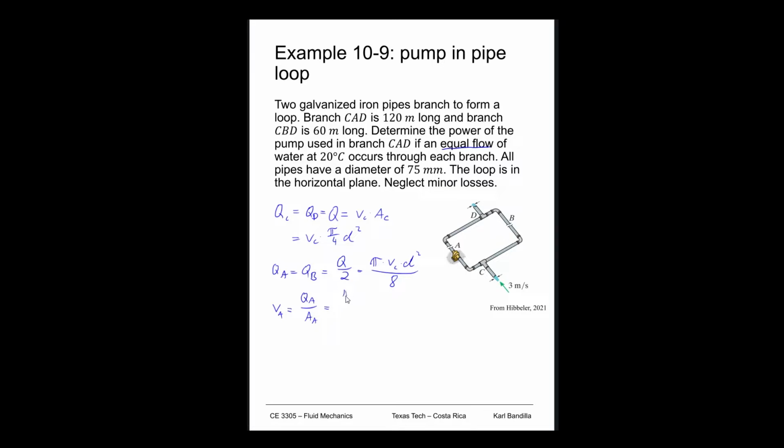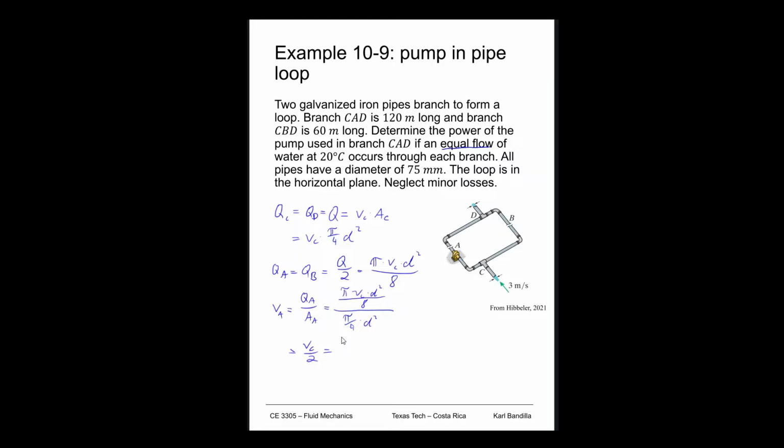QA we said was pi times VC times D squared divided by 8, all that divided by pi over 4 times D squared, which means we can cancel out a whole bunch of stuff and we'll get VC over 2, which makes sense, right? If the diameter is the same everywhere and the flow is half through A, half through B, then the velocity should be half in those pipes if the diameter stays the same.